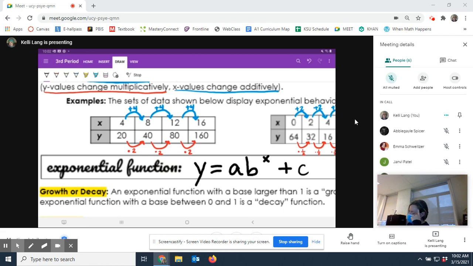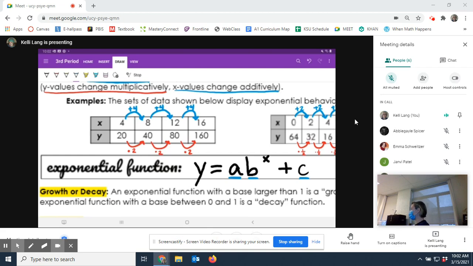Now, when you're actually given an exponential function, a, b, and c will be numbers, okay? There won't be letters here. These will actually be numbers. So it might be like 2 times 3 to the x plus 7, okay? But there will be an x. That x will remain as an x.